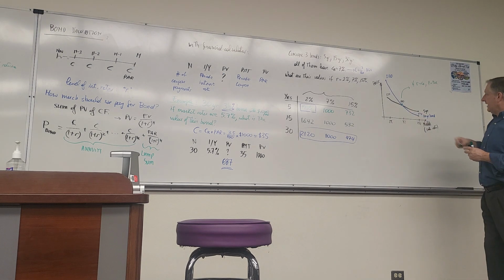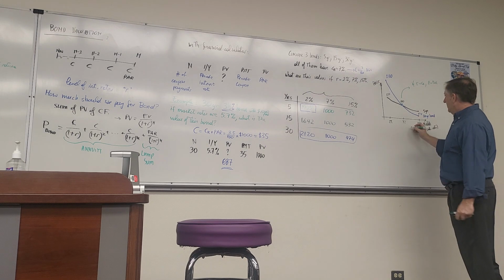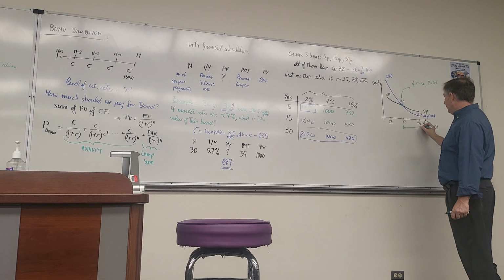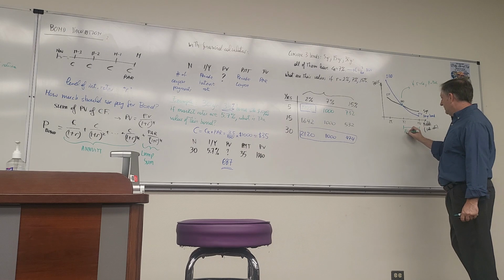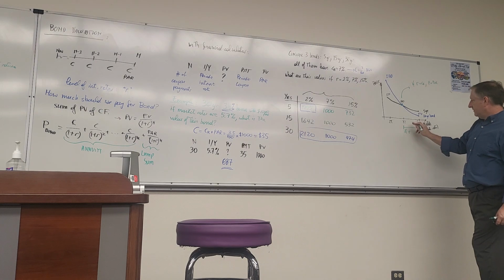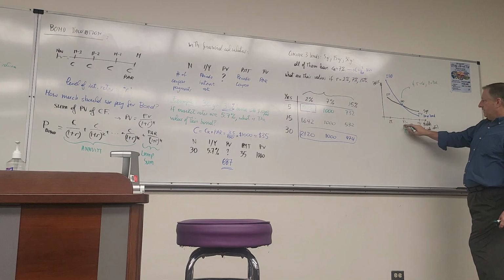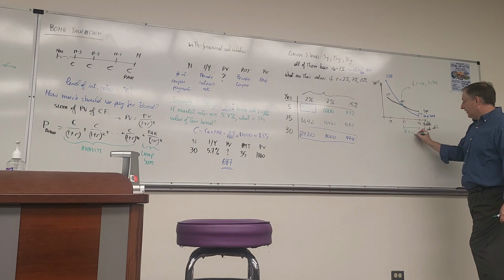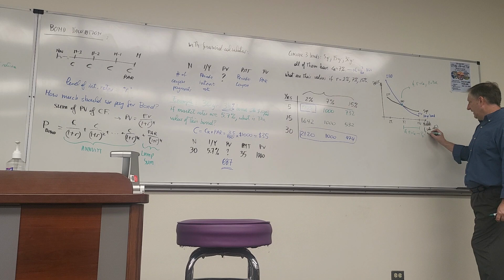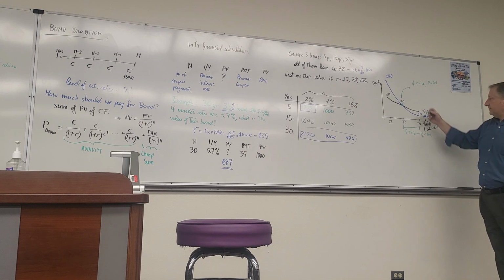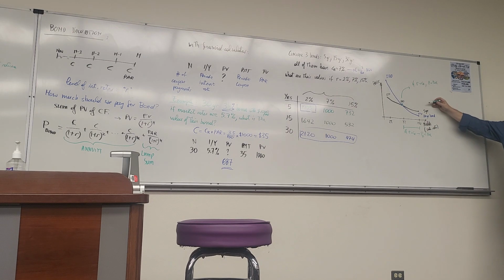Now, if you look on this side, look at this part right here. If the market rate is above 7, or is greater than the coupon rate, then the price of the bond is gonna be less than par. Par is 1,000, right?